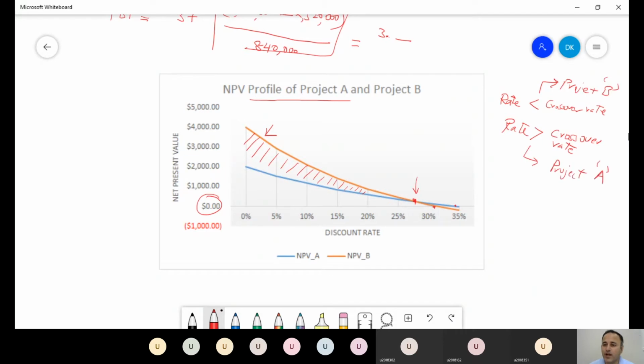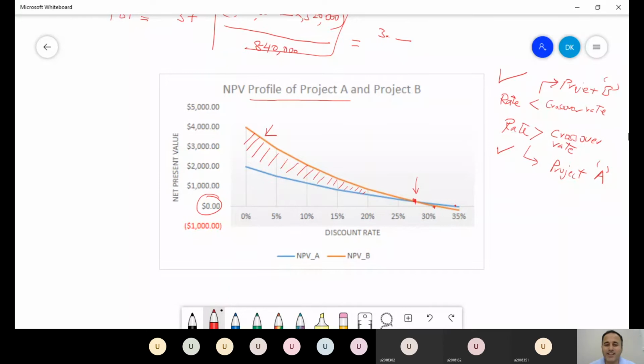So there is no one answer for it. You have to justify your answer, and this is the justification. If the rate is less than the crossover rate, you accept one project, but if the rate is more than the crossover rate, of course you accept the other project. And what is the assumption? Number one assumption is that both the projects have the same level of risk.